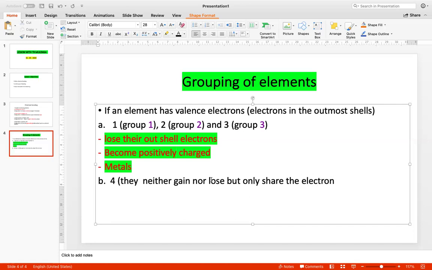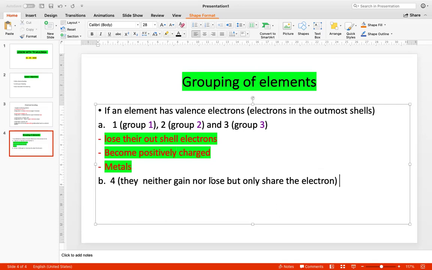How many electrons do they share? 4 of them. They do share if they are reacting with the very same element. But if they are reacting with different elements of different abilities, of course 4 of them will be shared, but not 4 of them at a go. They split, maybe 2 shared here, 2 shared there, or maybe 1 shared here, 1 there. It depends on the element that it is sharing with.